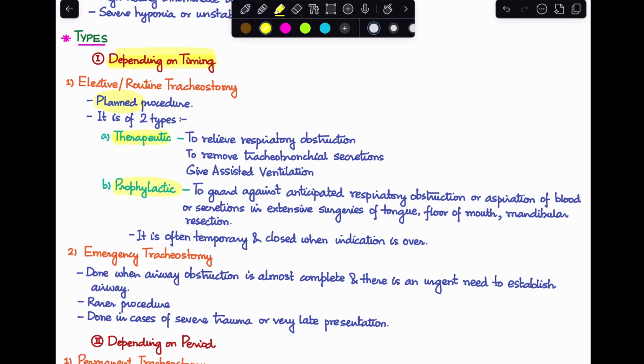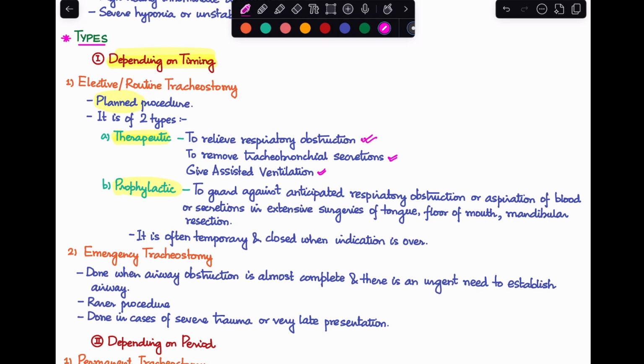Now therapeutic reasons could be because we want to relieve any respiratory obstruction that the patient is facing, or to remove tracheobronchial secretions, or to give assisted ventilation to the patient. These are all the therapeutic causes.